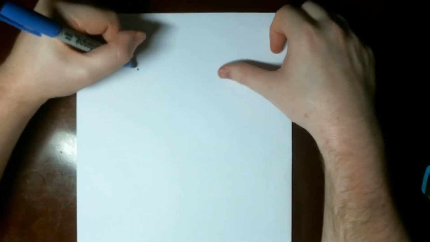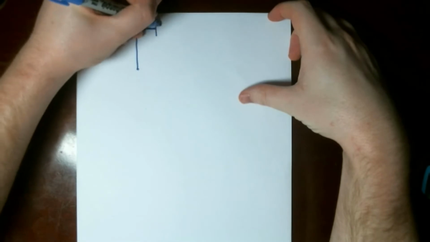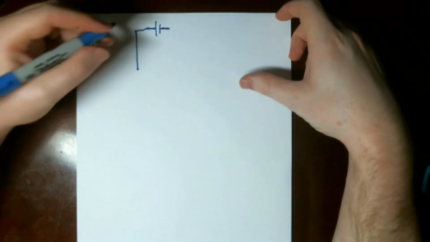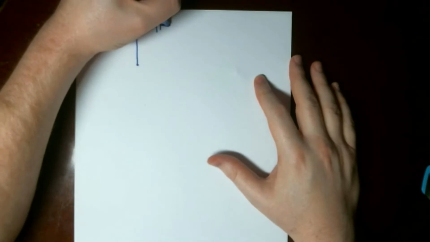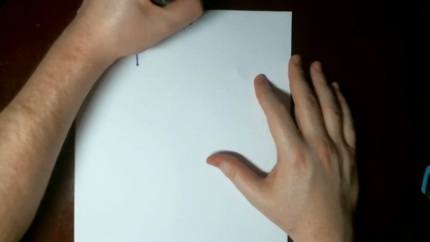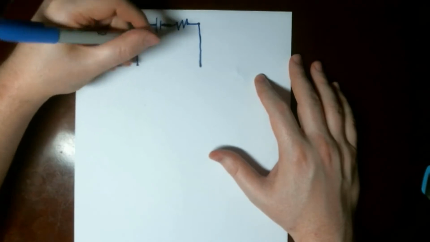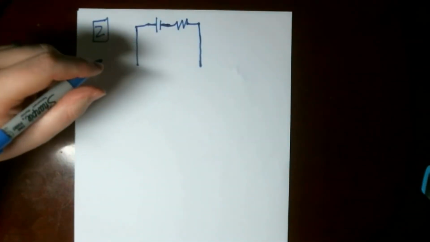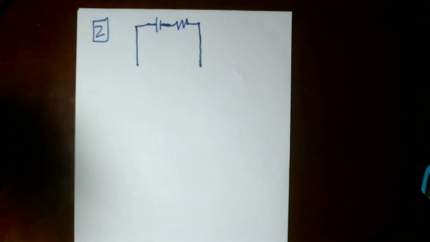Now there are 2 rules when we're doing Kirchhoff's rules problems. First off is the loop rule. That is, around any closed loop of the circuit, the sum of the voltage drops and gains as you move through each element of the circuit is 0. And that's given to us by conservation of energy. The second rule is the junction rule, that the sum of the currents going into a junction must be equal to the sum of the currents leaving a junction.